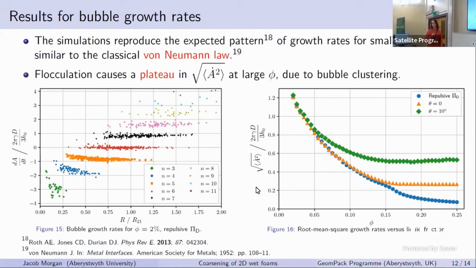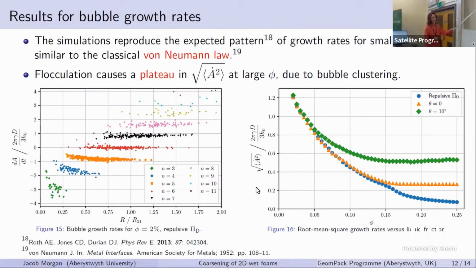Having looked at the bubble pressures and the bubble film lengths, our interest is in coarsening and the growth rates of these bubbles, and so that's what I'm showing here from the simulations. At low liquid fraction, we get this level structure of the growth rates, with the levels corresponding to distinct numbers of neighbors, which you'd expect from von Neumann's law, which would give the growth rates as integers with this scaling.